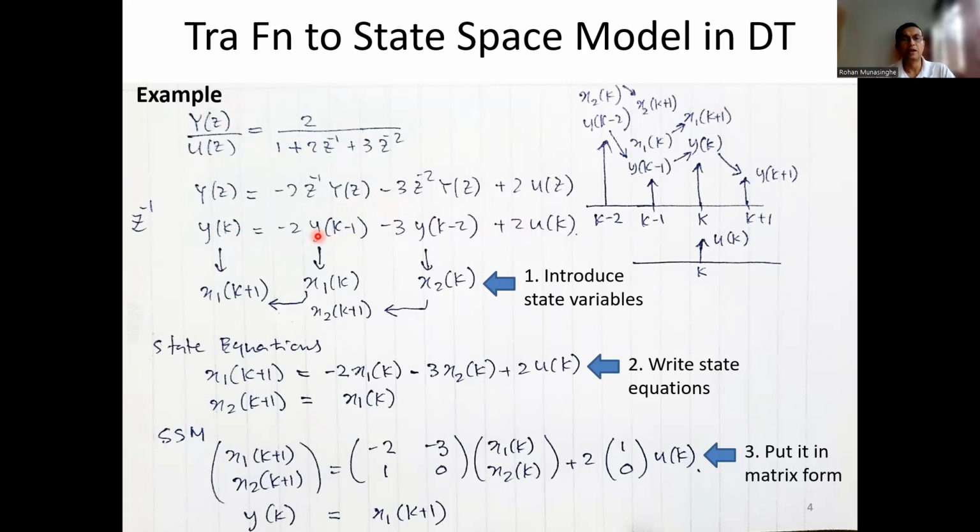For example, if you look at the oldest sample here, y(z) in front of that z^-2 means this is y(k-2). And y(z) in front of z^-1 is y(k-1). And y(z) in the time domain is y(k).